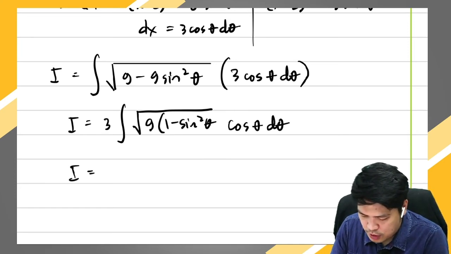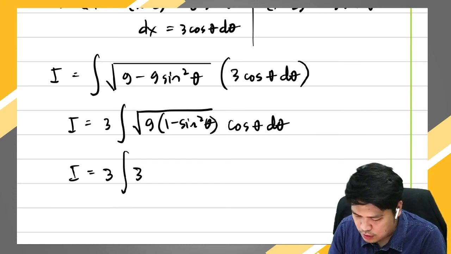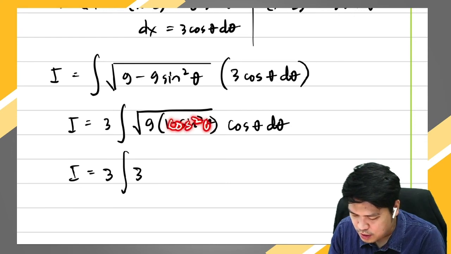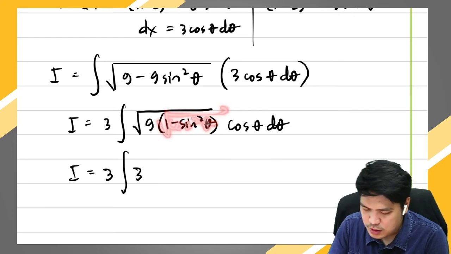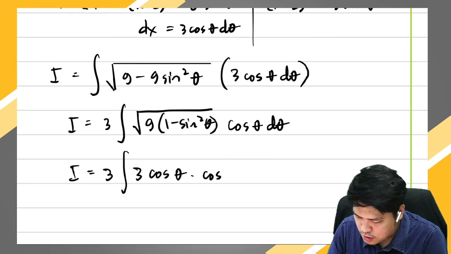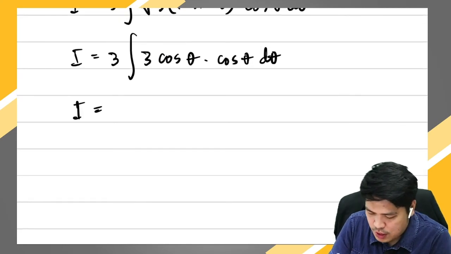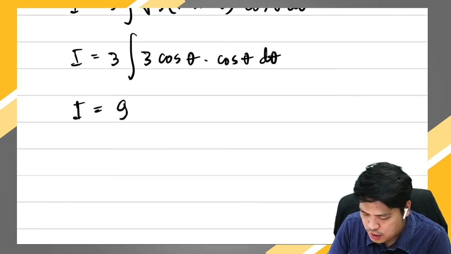So therefore, we'll have 3 times the integral of the square root of 9 is just 3 times, remember that this is cosine squared theta, and the square root of cosine squared theta is just cosine theta. So I have cosine theta times cosine theta d theta. Okay, then we'll have I is equal to 3 times 3, 9, integral of cosine squared theta d theta.